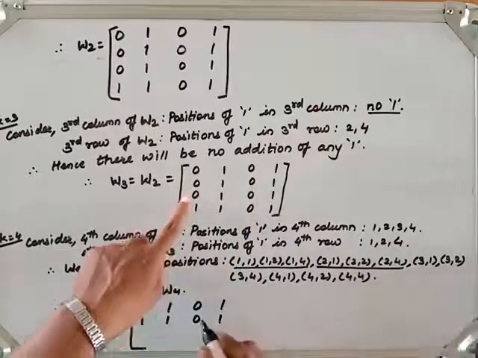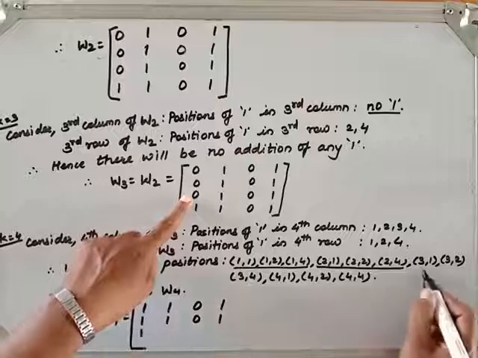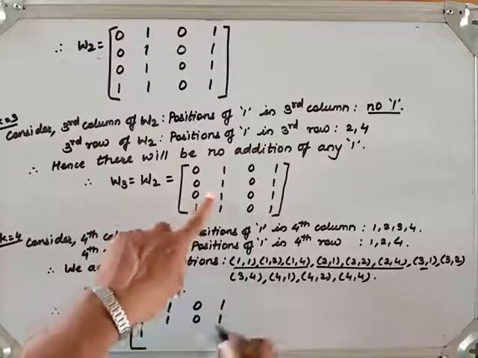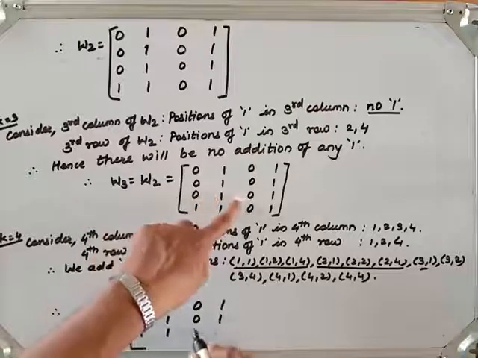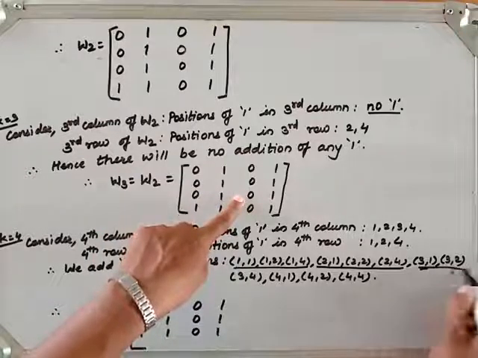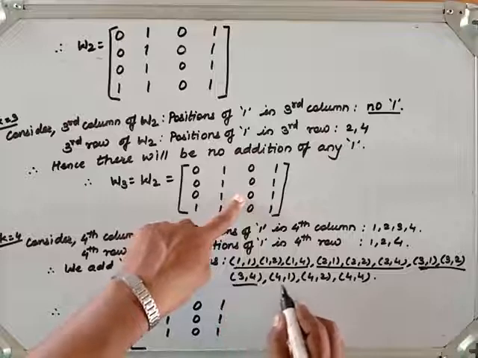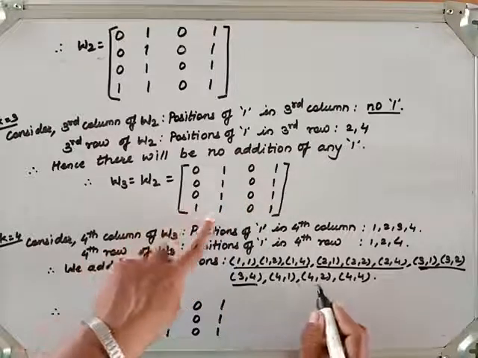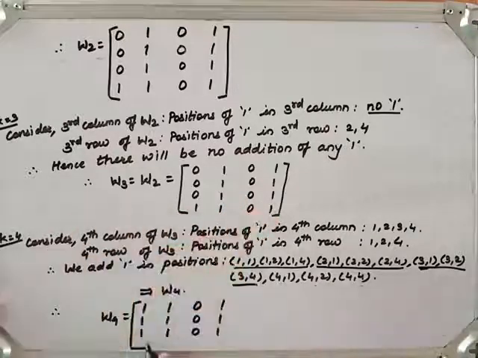Now 3, 1 is 0, so that will become 1. 3, 2 is already 1. 3, 3 is 0, and 3, 4 is already 1. Now 4, 1 is already 1. 4, 2 is also 1. 4, 4 is also 1. So these are as it is.